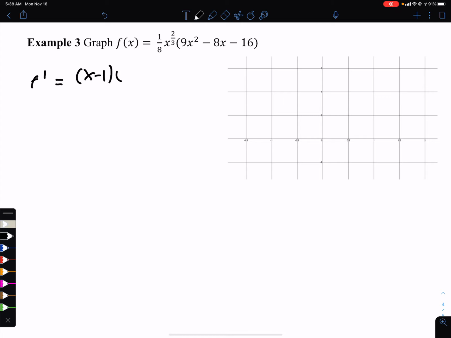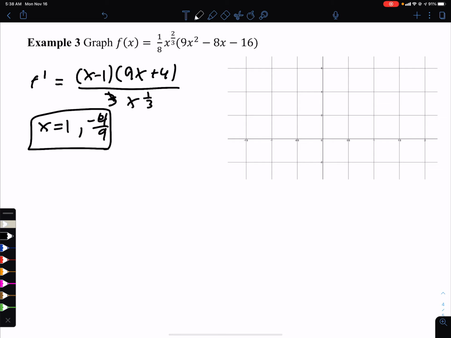x minus 1, 9x plus 4 over 3x to the 1/3. So critical points, you set the numerator equals 0, you get 1, and you get negative 4/9. You set the denominator equals 0, you get x equals 0, and so those are your critical points.